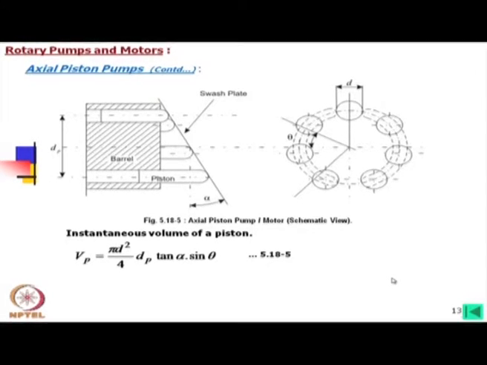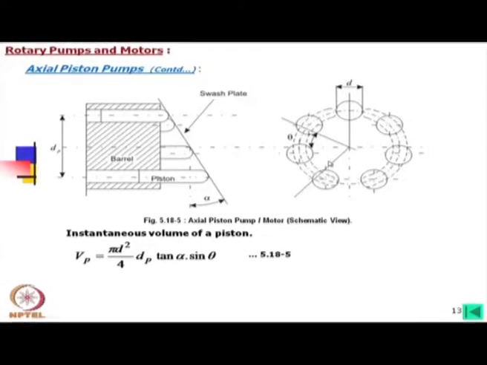Now, to calculate the instantaneous volume of a piston, that means of a single piston, again d_P into tan alpha is the maximum stroke length. Now, we have to consider this component at an angle theta. So, what we do, if this is the total stroke length, sin theta of this one will give the instantaneous stroke length of a piston.